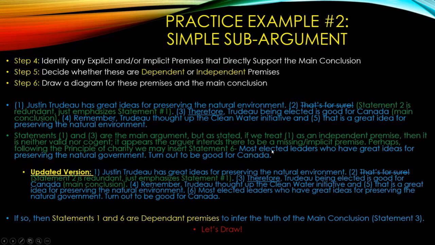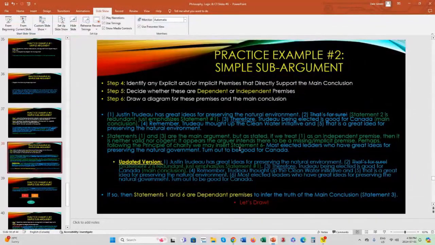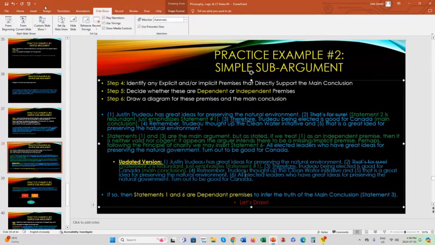I should say all elected leaders here. This arguer is attempting to make a deductive argument. And therefore, our goal is validity, not cogency. So I made a mistake here, so let me just correct that. All right, so that's good enough for now.